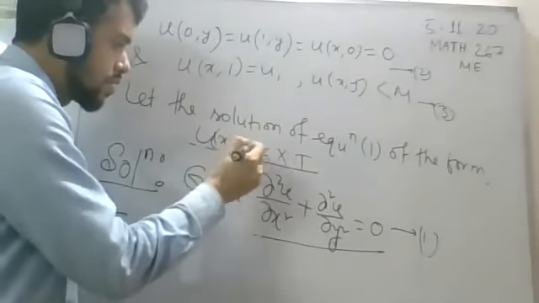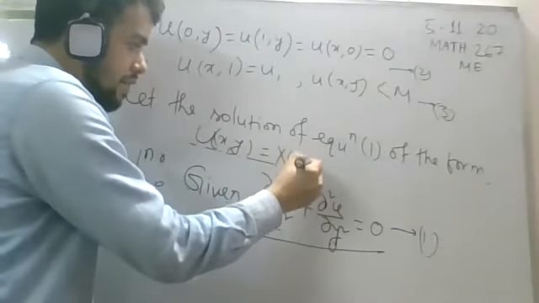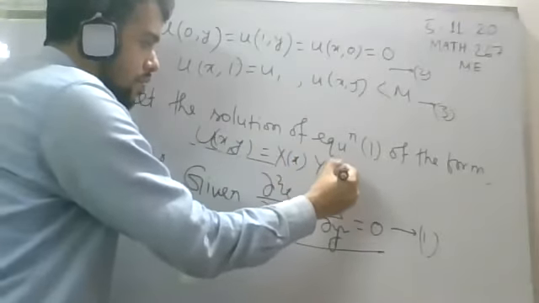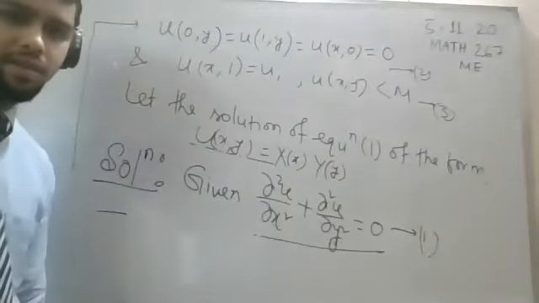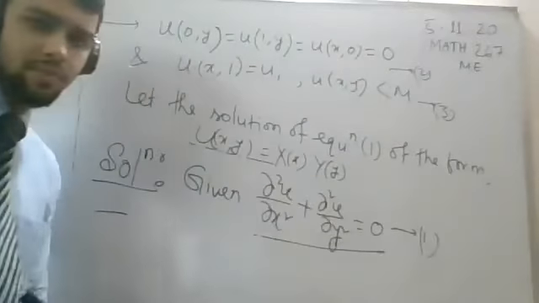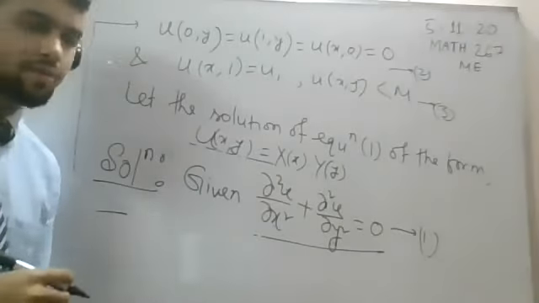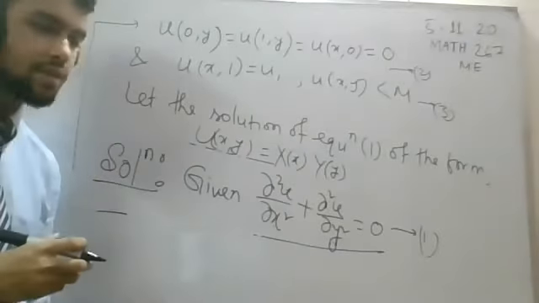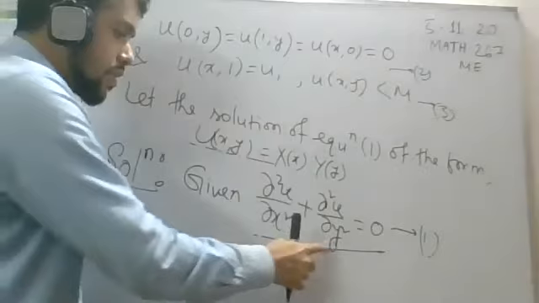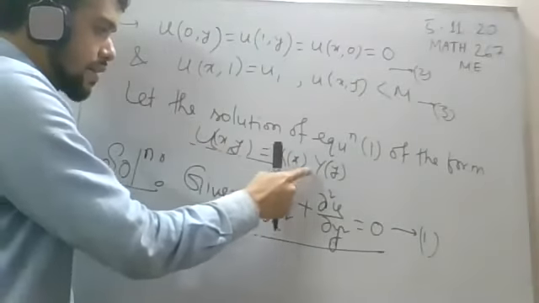So you have to let X and also Y. Got my point? Yes sir. This is how you have to choose the variables for the product method. So here x and y, so you have to let u(x, y) equals X(x) into Y(y).